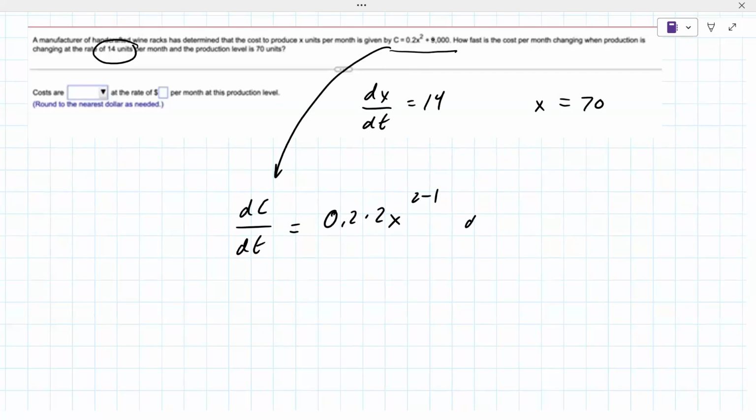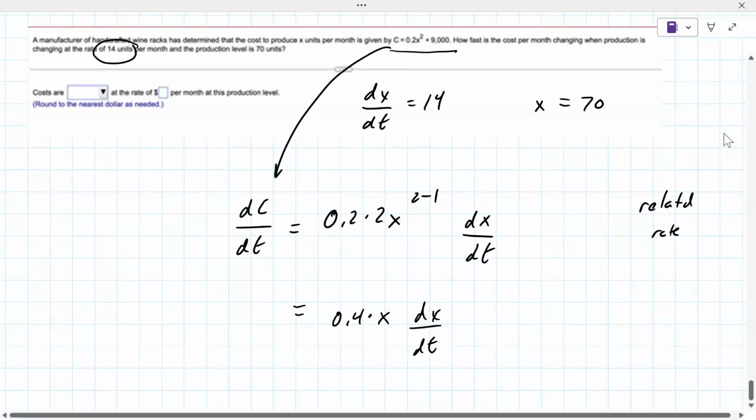But then in these problems, these are called related rate problems, you add in a dx/dt. So this ends up being 0.4 times x times dx/dt. And you have x is 70, dx/dt is 14.